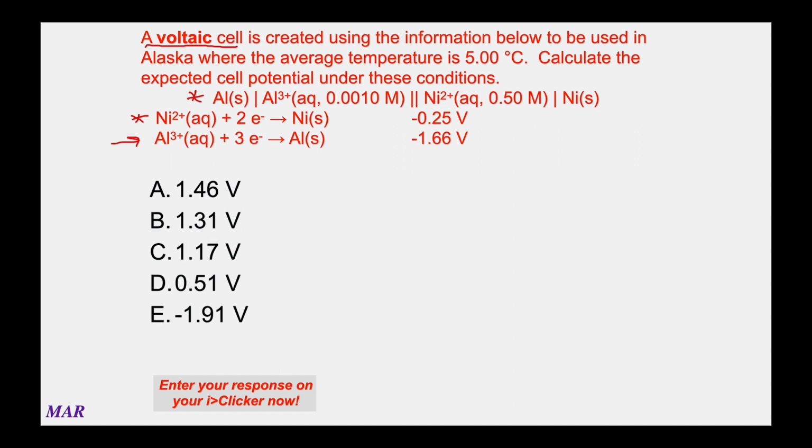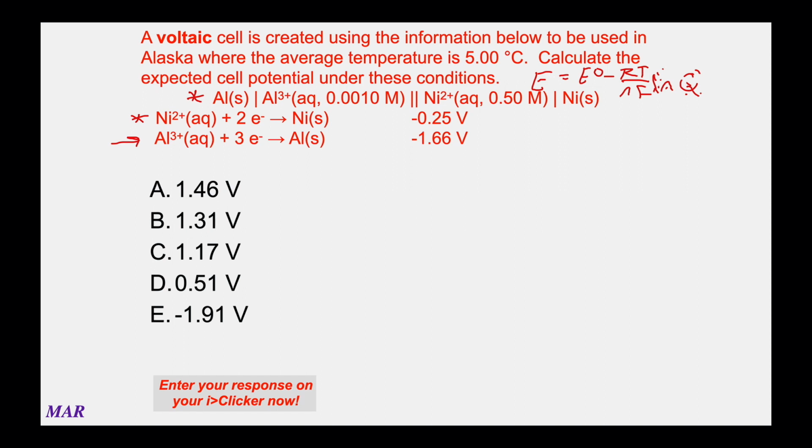When you're using the Nernst equation, the Nernst equation is E equals, for non-standard conditions, E equals E naught minus RT over NF natural log of Q. You do need E naught.